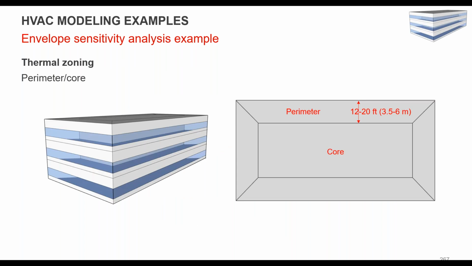So first, for thermal zoning, we talked about it before, we'll talk about it again. Very basic at this point. If you're looking at envelope, we don't really need to get into the weeds of what's going on in the perimeter versus core of the building, but we do need to separate them thermally.